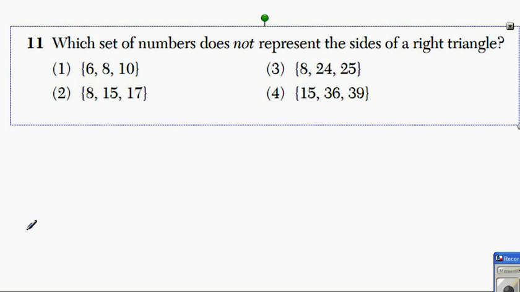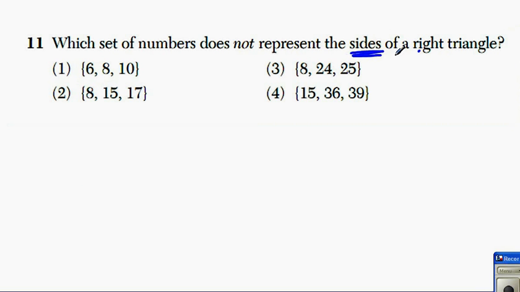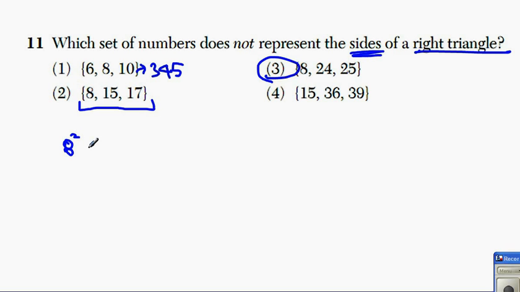Number 11. Which one of them does not represent the sides of a right triangle? Sides of a right triangle follow the Pythagorean theorem. So which one of these doesn't satisfy the Pythagorean theorem? In fact, the answer will be number 3, because if you think about it, this is a 3, 4, 5 triangle, doubled. And 8, 15, 17 will also be true, because 8 squared plus 15 squared equals 17 squared.